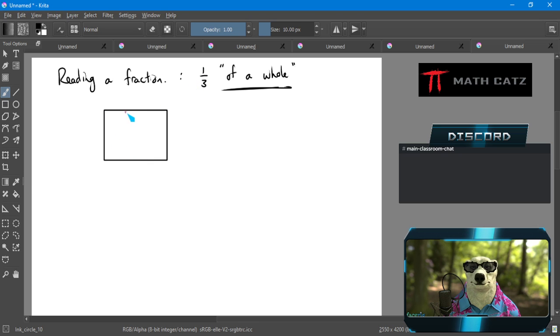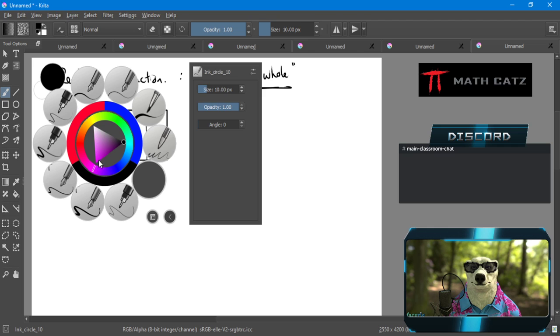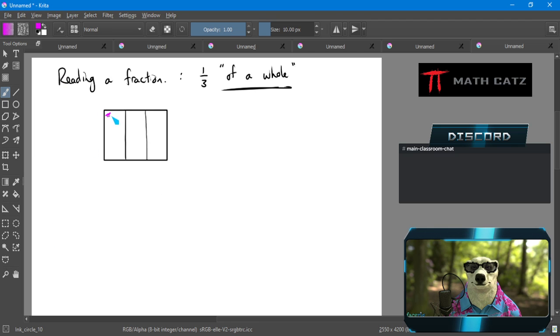The denominator tells me, split this into, whoa, that was an exceptionally straight line. Freehand, wow, look at me. That one was less. Split the whole rectangle into 3, and take one of those 3. And there we go. Easy.